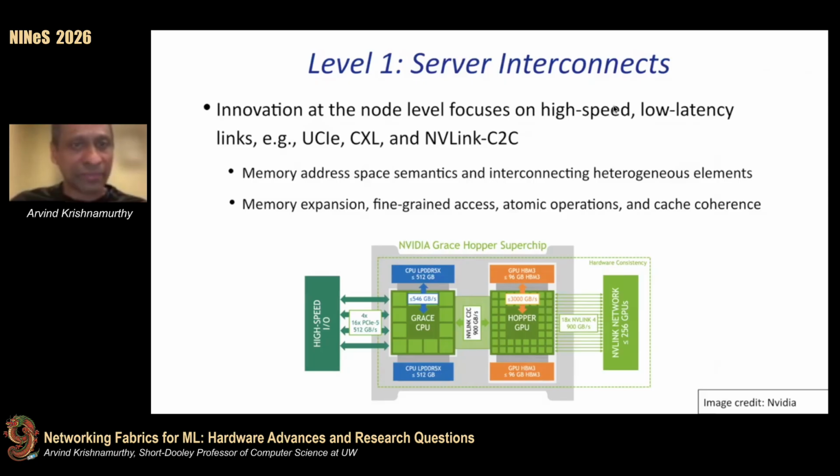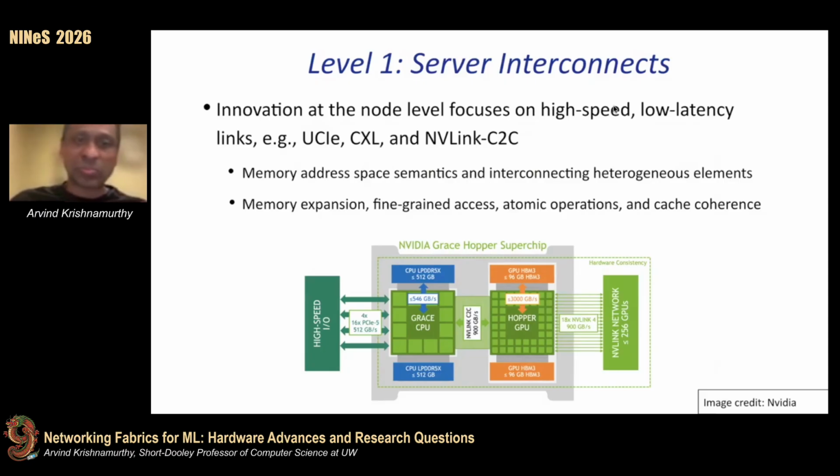What all of these have in common is that they provide memory address space semantics, such that all of the disparate heterogeneous compute elements are interconnected and can access each other's memory in a fairly transparent manner.